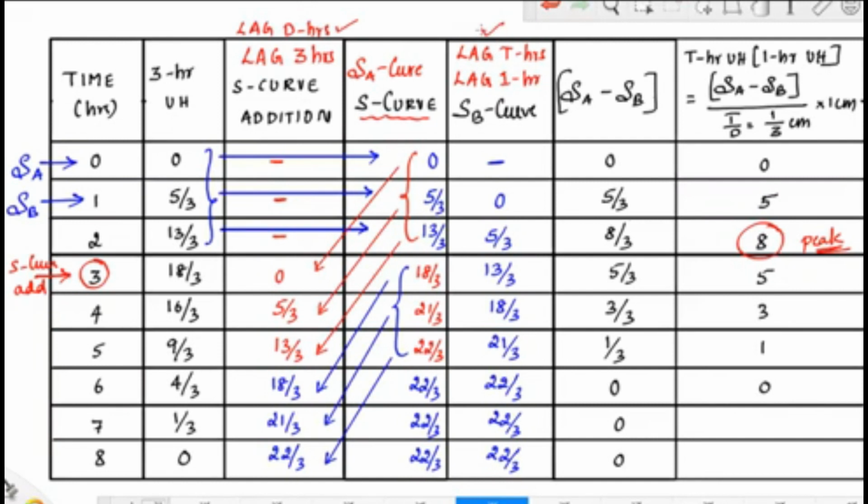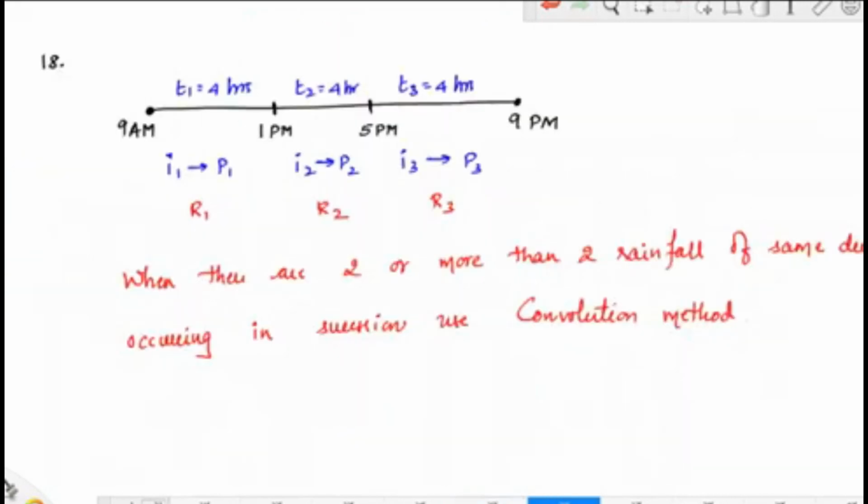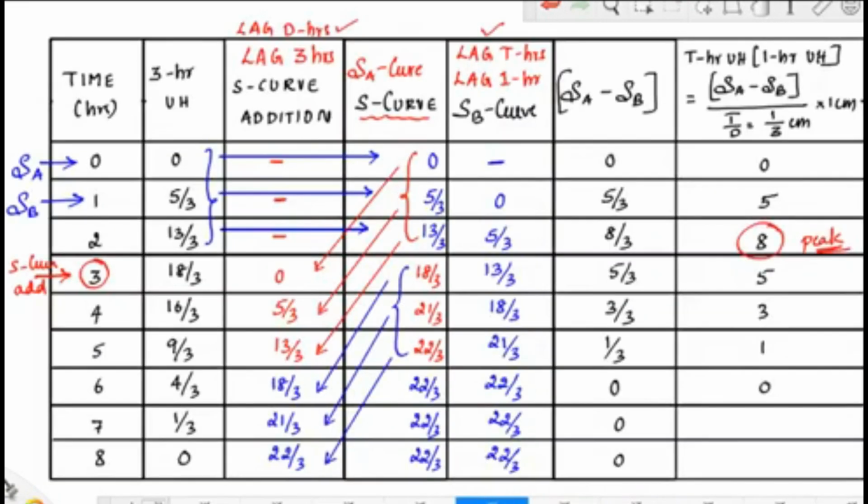Am I clear with this S curve here? So this is your S curve problem. So anything else? Any other doubt? You can raise your hand.